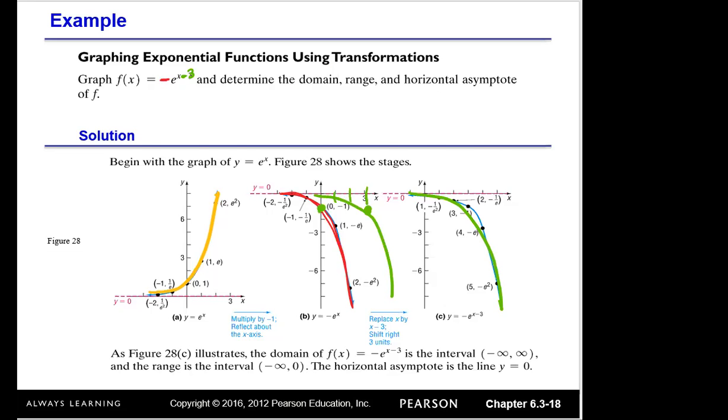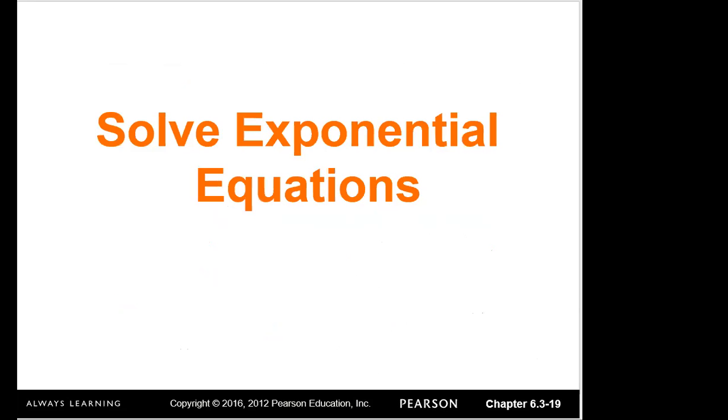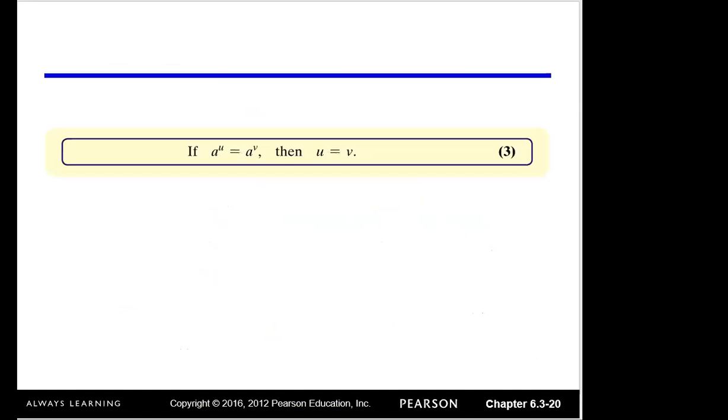And the last concept, I think, was solving exponential equations. In order to solve equations, you need one basic rule, and it is this. If a to the u equals a to the v, then u equals v.